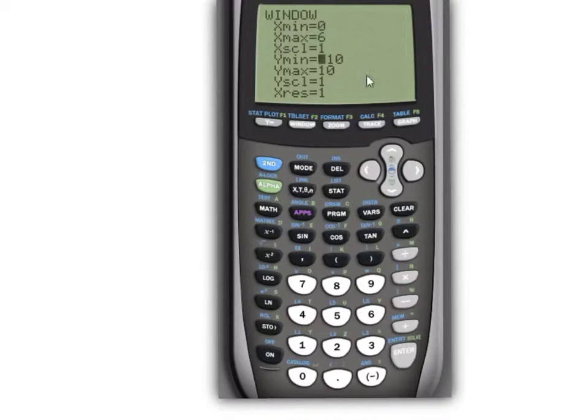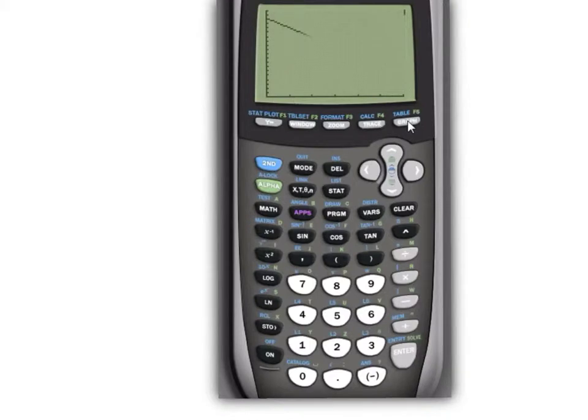And for the y's, we'll also start at 0 because we're talking about money here. And I'm going to go up pretty high because think about what the car originally cost, over 18,000. So I'll just go up to 20,000, which should cover it. And I'll put a tick mark every 1,000 because I certainly don't want 2,000 or 20,000 tick marks. And then if we hit graph, it'll give us a nice picture.